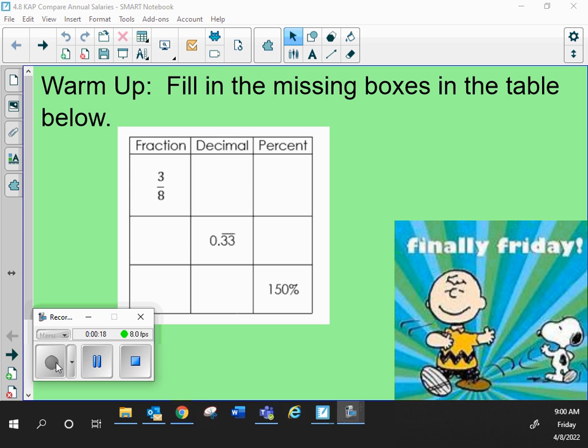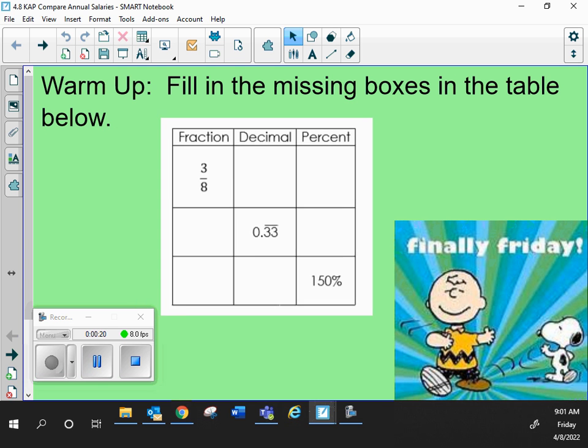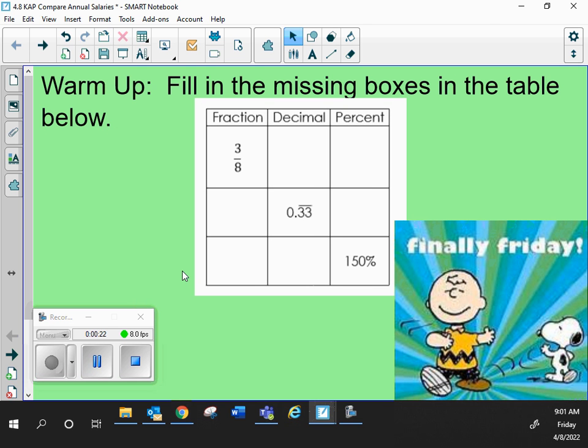All right, Carolyn, what did you get as the decimal for 3/8? 0.375. How did you get there? So I divided. Very good. Class, how do we remember which number goes where? Awesome.